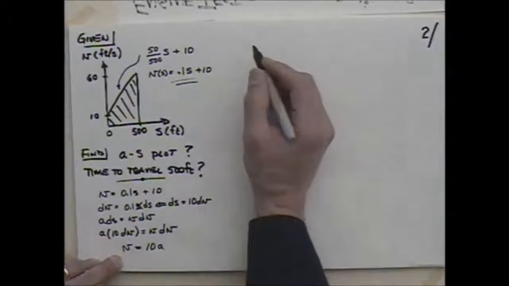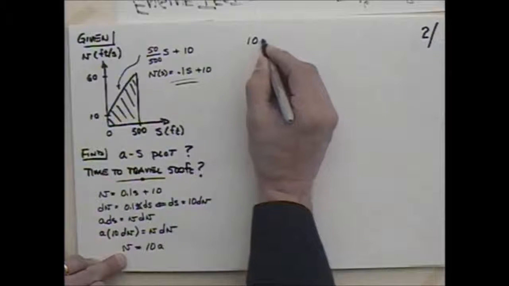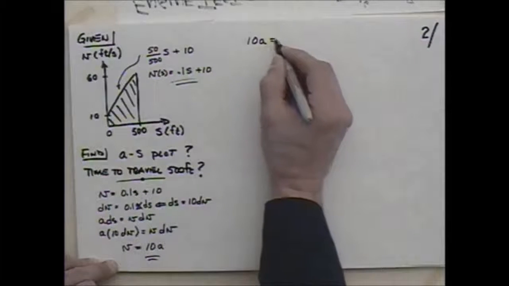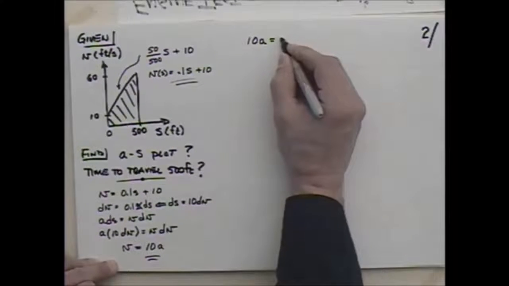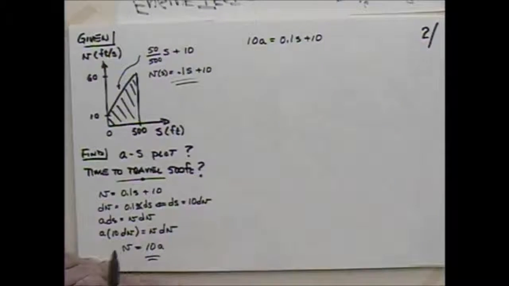So I could come up here then and say that 10a that we just got down here is equal to v, which we also know is equal to 0.1 times s plus 10.